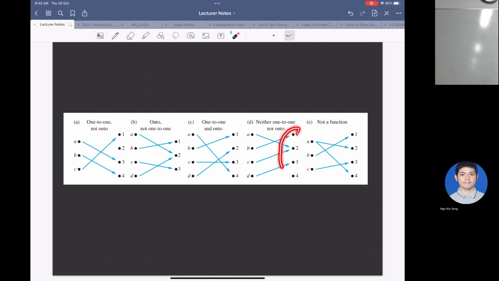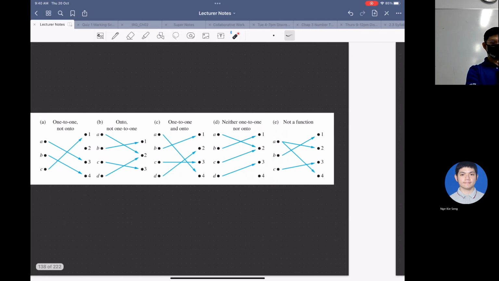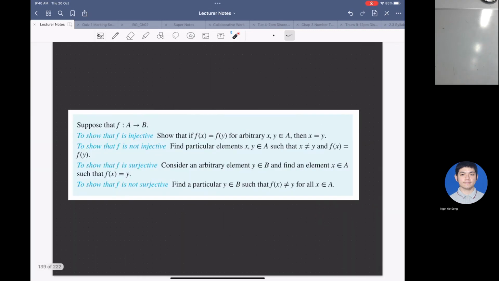You can also see that the image of f is a subset of your codomain, not necessarily the whole codomain. Also, to show that a function is injective, you first assume that f(x) equals f(y).